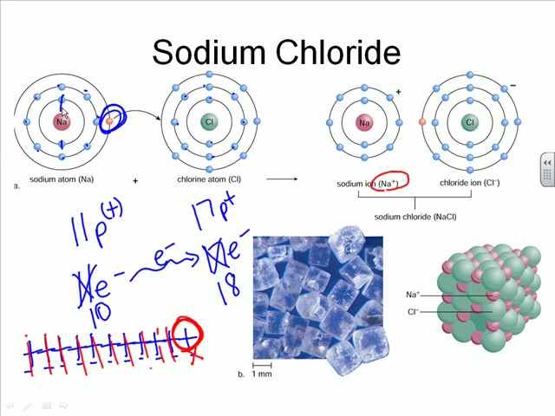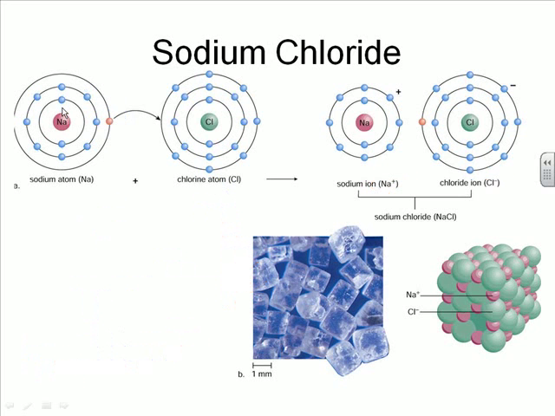Therefore, sodium is a positive ion. Chlorine has 1 more negative than it does positive charges. Therefore, it has become a negative ion. We call these ions because they are electrically charged particles.